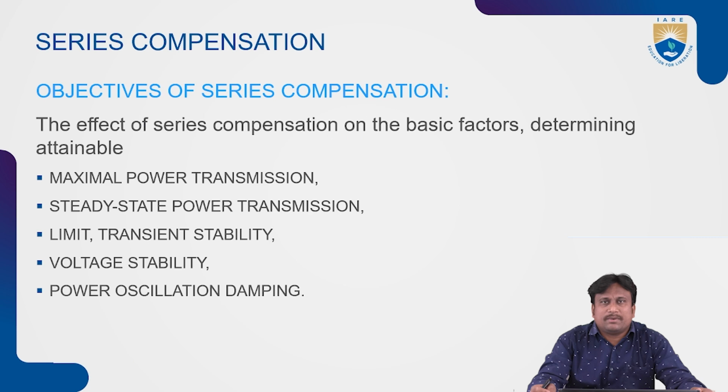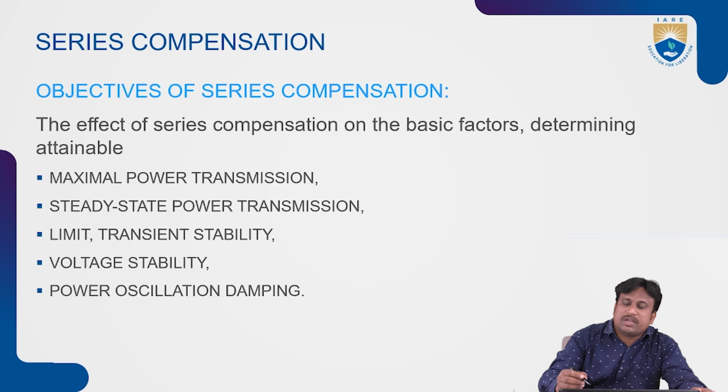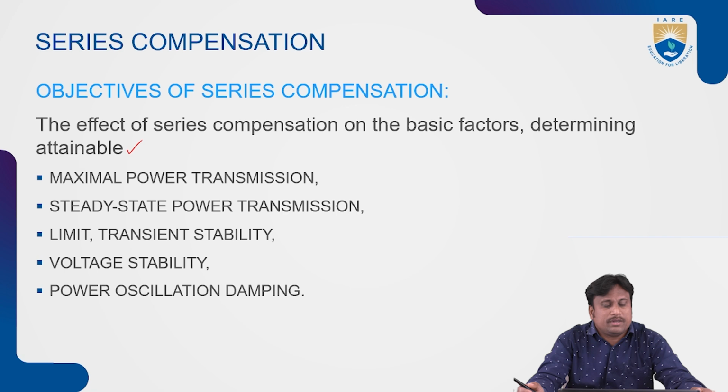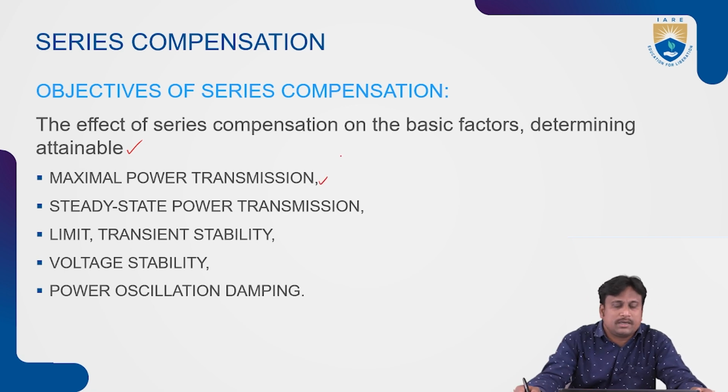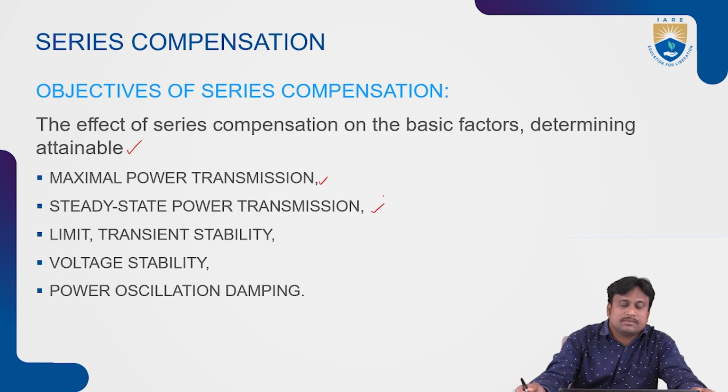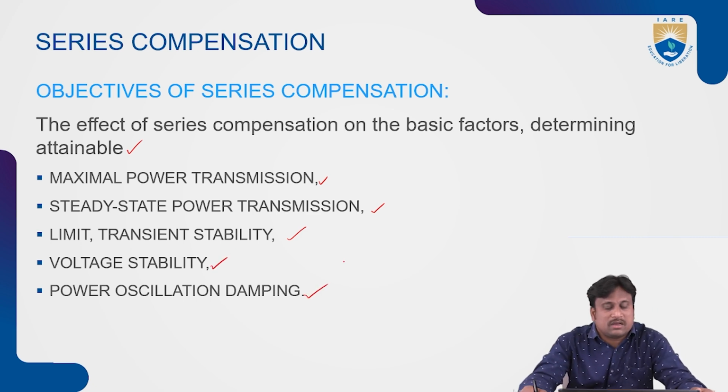Coming to series compensation, what are the main objectives of series compensation? The effect of series compensation is based on some factors, which determine its attainability: maximal power transmission, steady state power transmission limit, transient stability, voltage stability, and finally power oscillation damping.